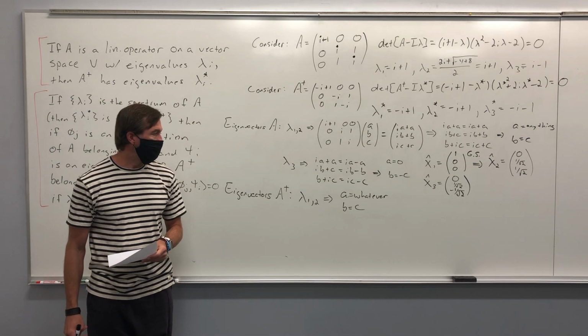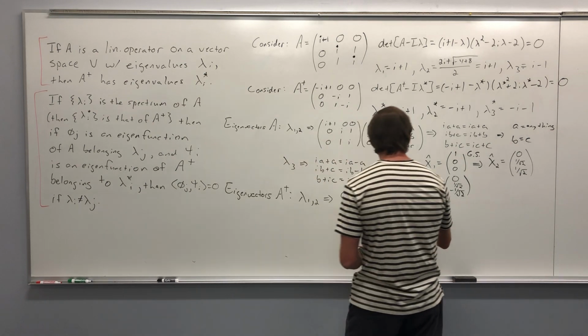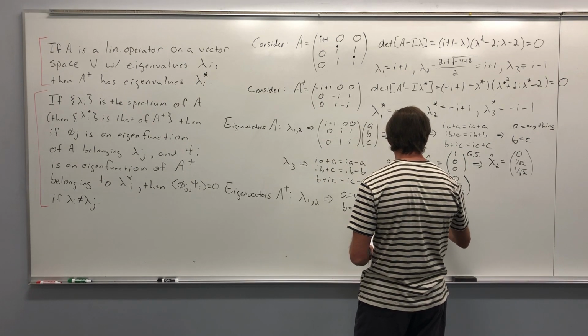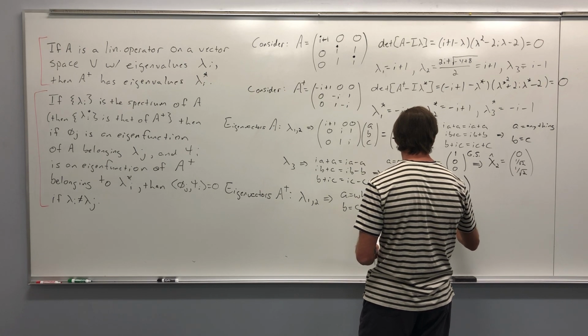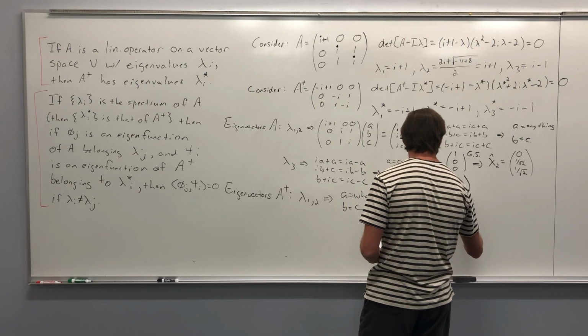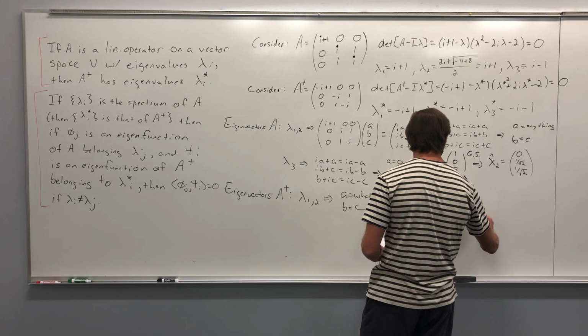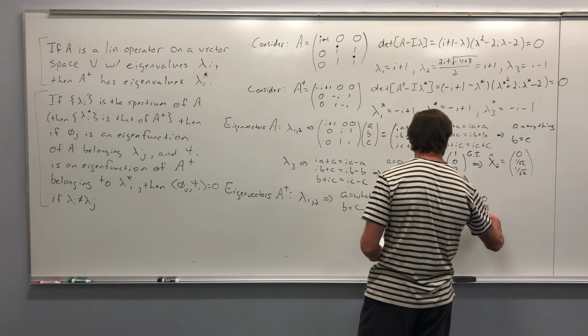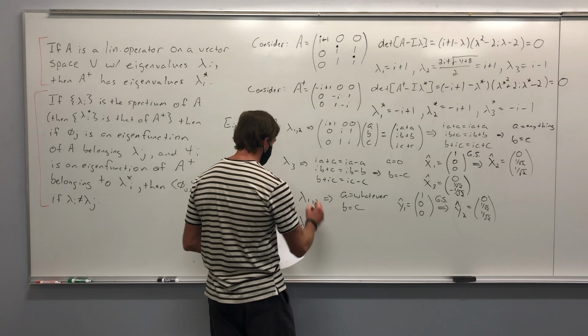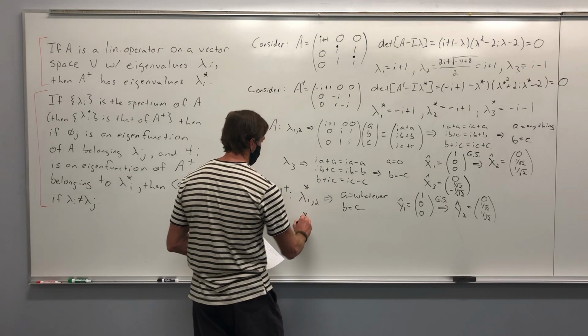All right? Therefore, if we want to find the eigenvectors associated with this set of conditions, we can use the same procedure. And then, of course, if we do lambda 3, oh, sorry, this is lambda star.